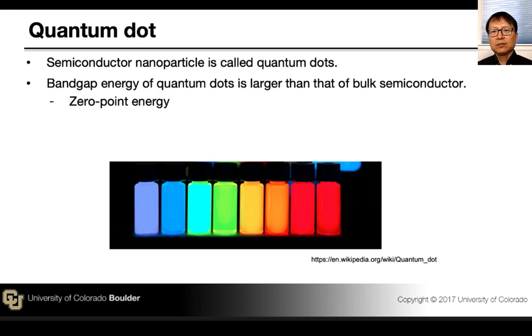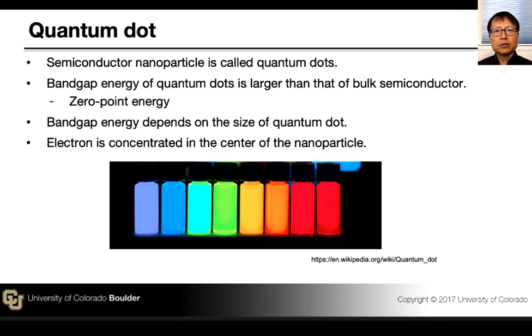And this is related to the zero-point energy that we just observed in the 1D potential well problem. And you must have noticed that the zero-point energy depends on the width of the potential well, or the size of the nanoparticle in the case of quantum dots. So because of these varying band gaps, when you shine UV light onto these semiconductor nanoparticles, they emit various different colors corresponding to different wavelengths, corresponding to different energies.